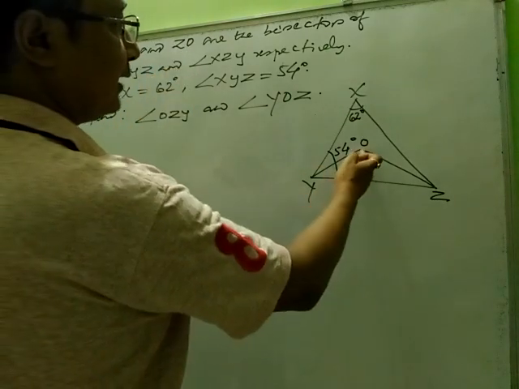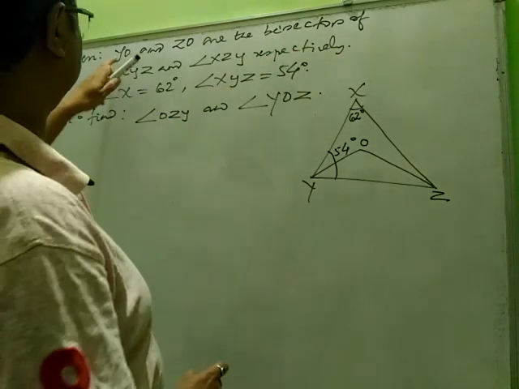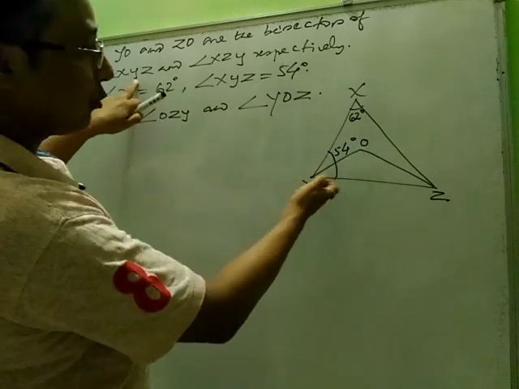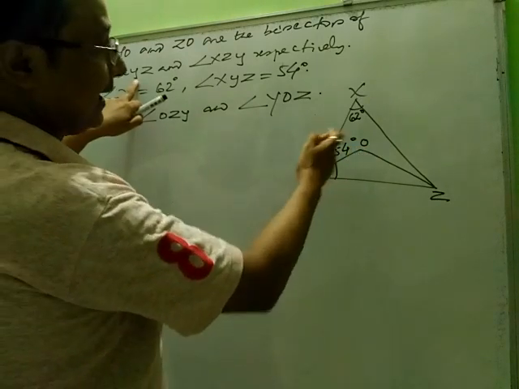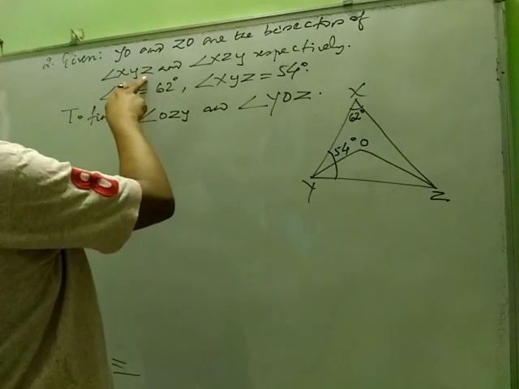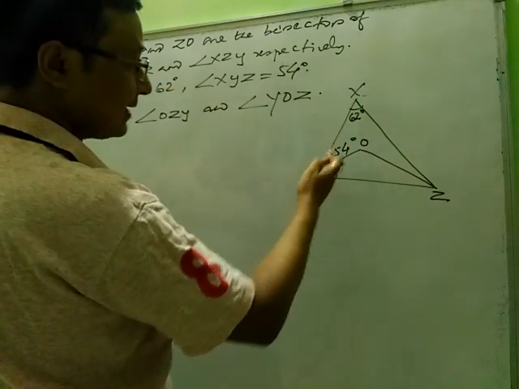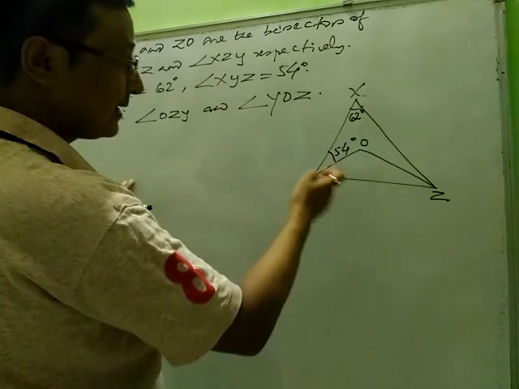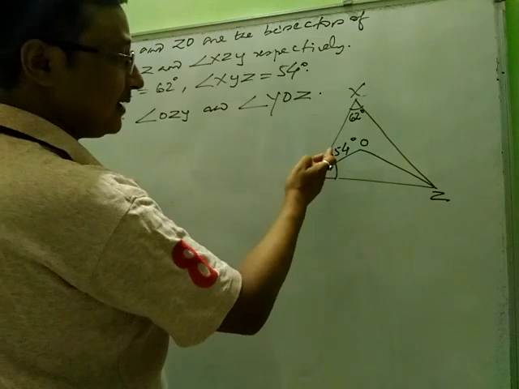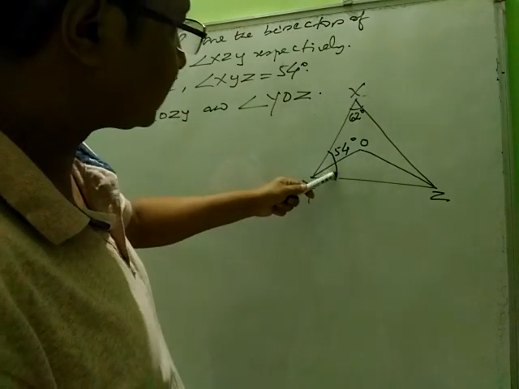YO and ZO are the bisectors. YO bisects angle Y, that is XYZ. So the line YO bisects angle XYZ. That means the whole angle Y is divided into two equal parts. So these two parts are equal.